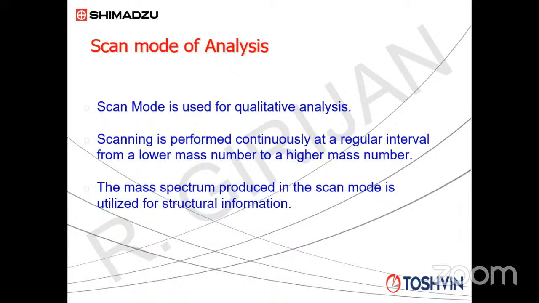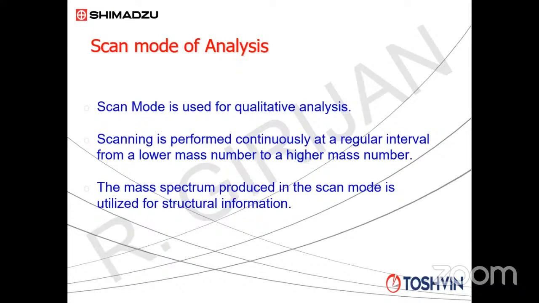That means on the lower side I am fixing 40 AMU, and on the upper side I am fixing 400 AMU or 500 AMU. So my sample fragments which are formed between 40 AMU and 500 AMU will all be seen by the detector. So this is called the scan range.